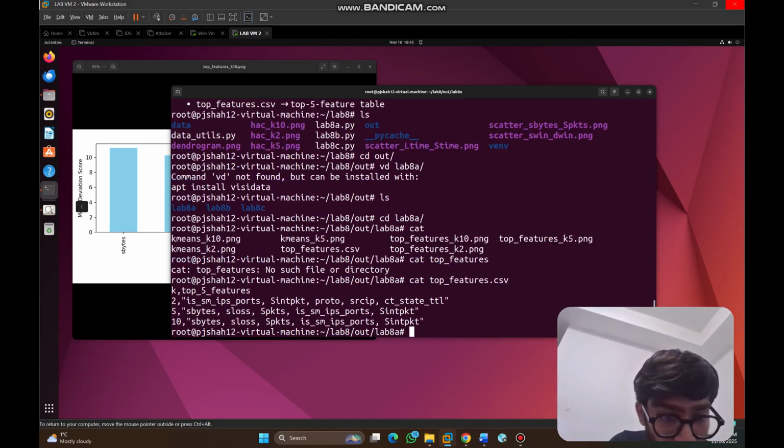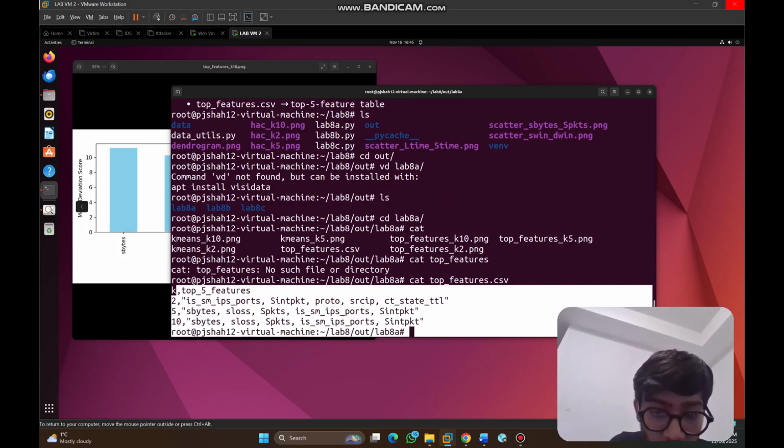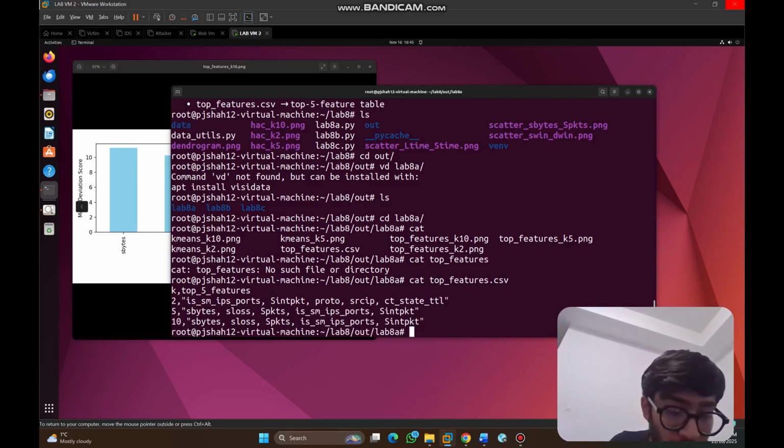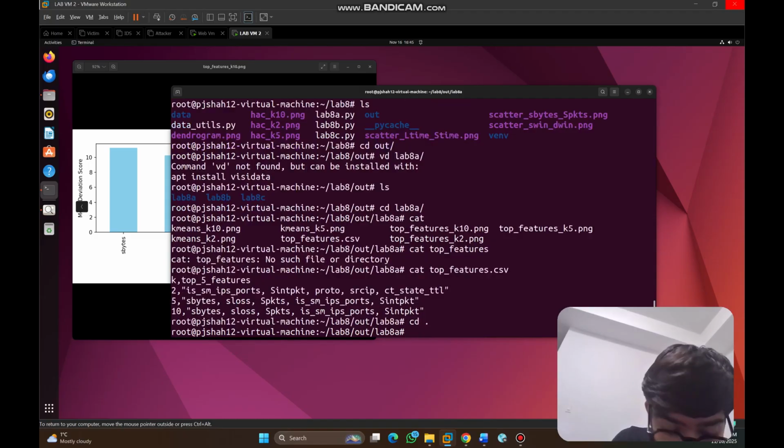Yeah, as you can see over here, it's giving the same output as in the graph. So yeah, that's for my Task 1. Now let's move to Task 2.